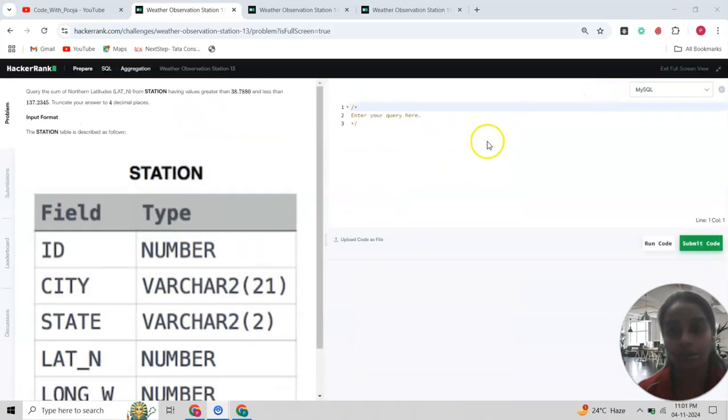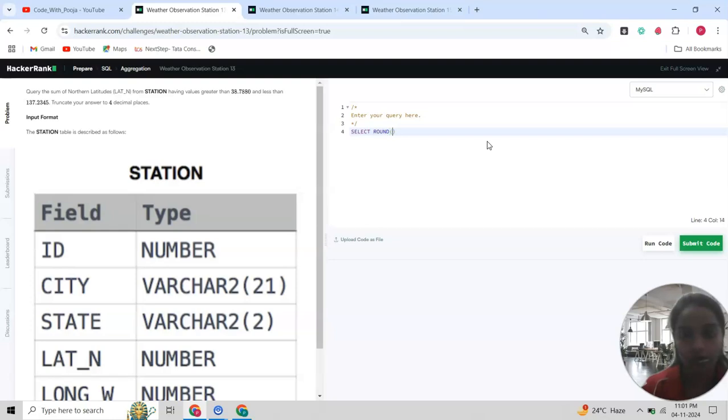Continue with the query. We will just select, we have to round first. So we round the sum of what? Northern latitude, rounded to 4 decimal places. Now from where? From station.